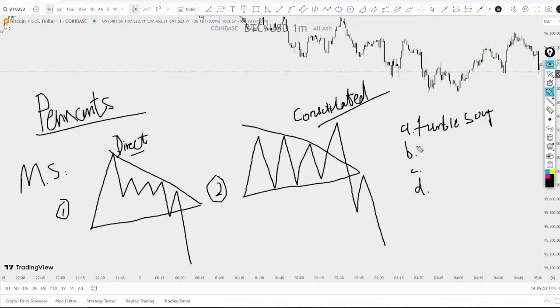Then we have a fake out. Then we have break of structure. Then we have a fake out. And finally we have a reversal.